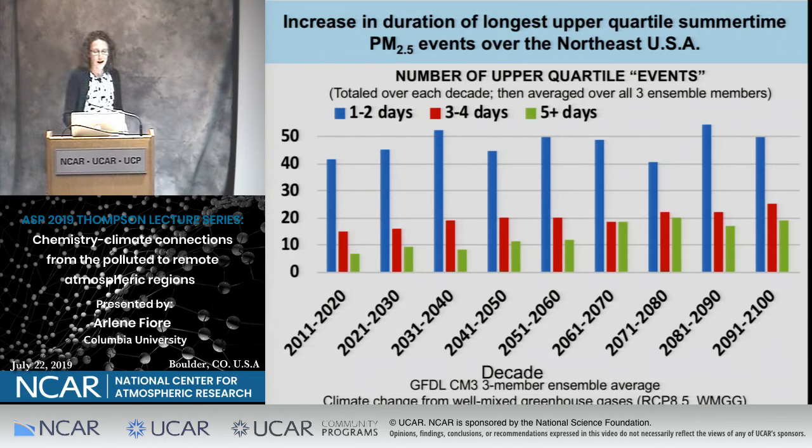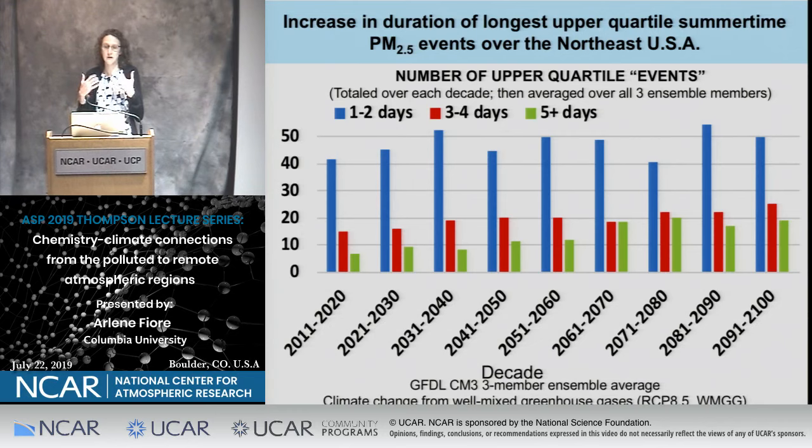And so what we've done here is, for each decade, count up the number of upper quartile events, but segregate them into different categories. Each time we go into the upper quartile, does it stay up there for 1 to 2 days, shown in blue, 3 to 4 days, shown in red, or 5 or more days, shown in green?